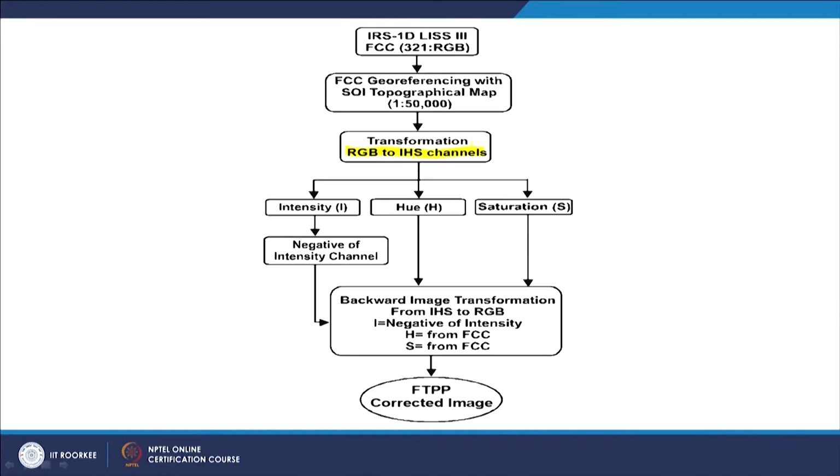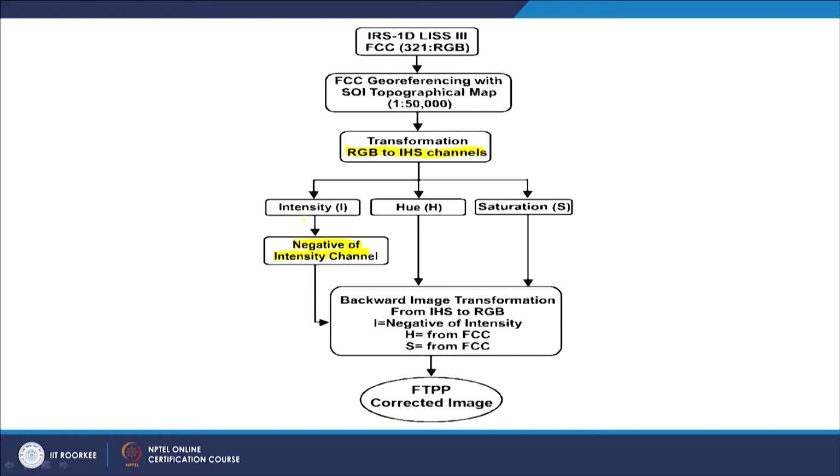So, the color image is split into three components, that is IHS, and here what is done is that the negative of the intensity image is created. And when we create a negative of the intensity image, what we are doing basically is forcing the sun to go from the southeast quadrant to the northwest quadrant.